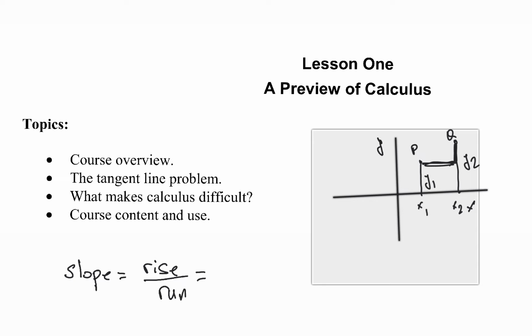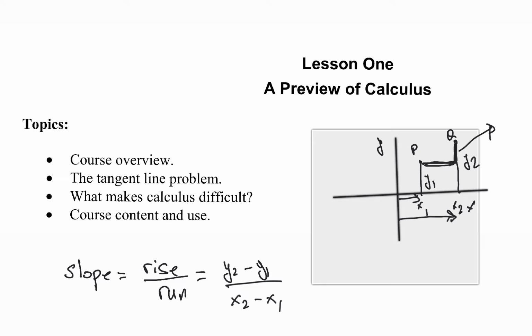The rise is y2 minus y1. What is the run? The run is the amount from here to here, x2 minus x1. So the run is x2 minus x1.